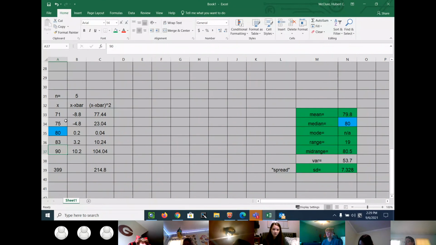So 71 minus 79.8 should be 8.8 negative. And I squared that number. So write that down. Write those 3 columns down, because that's how you do it by hand.